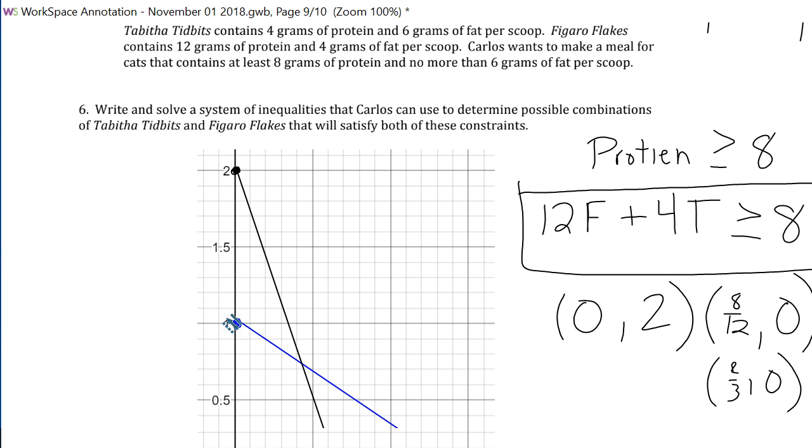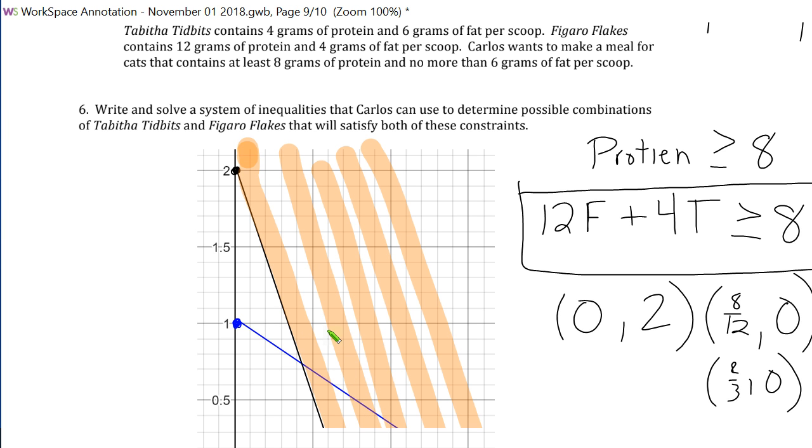We got this. Now let's look at some shading, okay? We are above the protein line. This is a minimum amount of protein. So we got to be above the black line. Okay? And it's a maximum amount of fat.